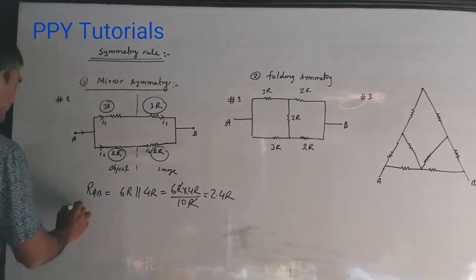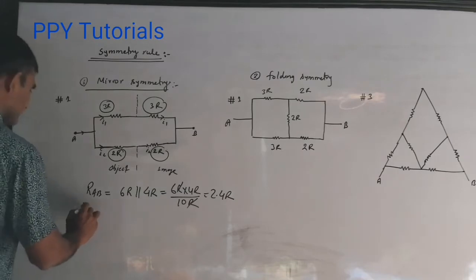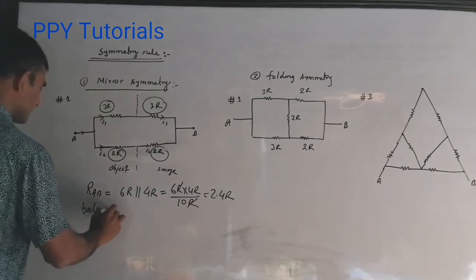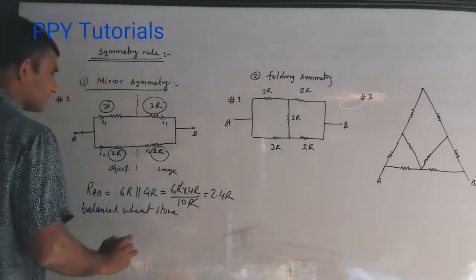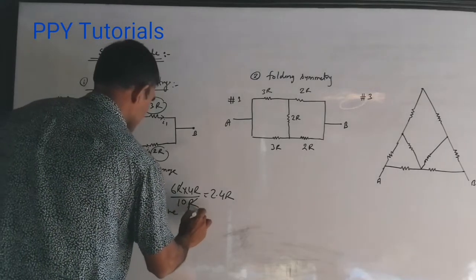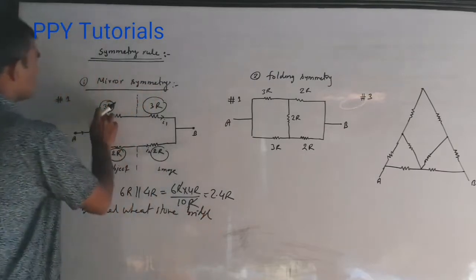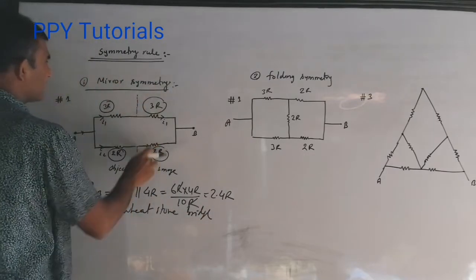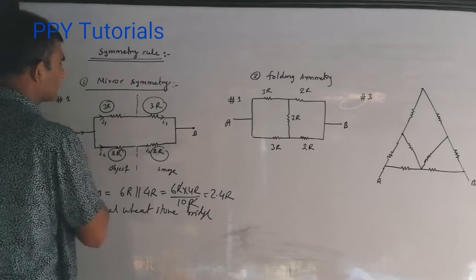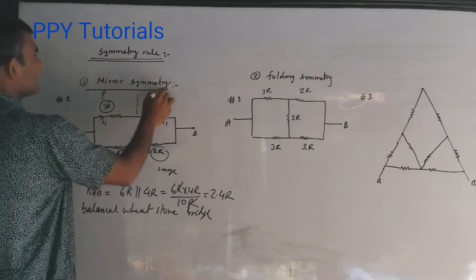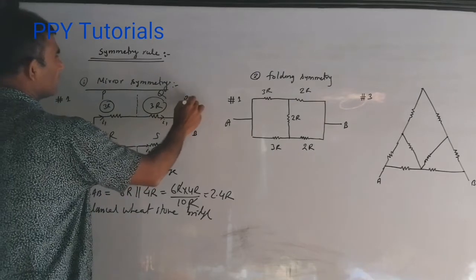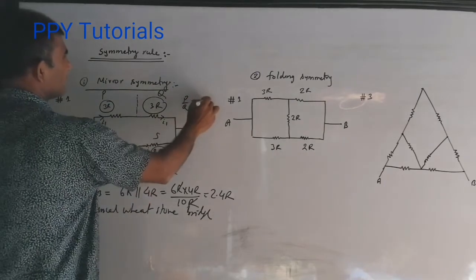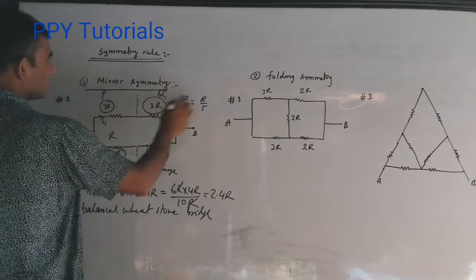And then you could also solve this by the balanced Wheatstone bridge. You may not have heard of this bridge condition. What is that? Suppose this is P and this is Q and this is R and this is S, then if P upon Q equals R upon S, you are getting the same result, that is 1.